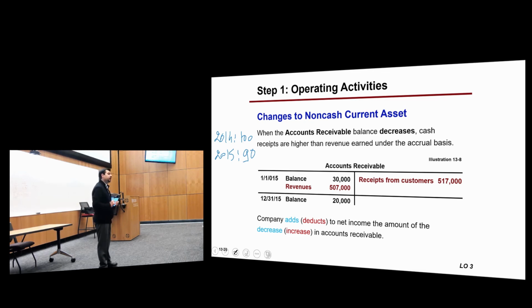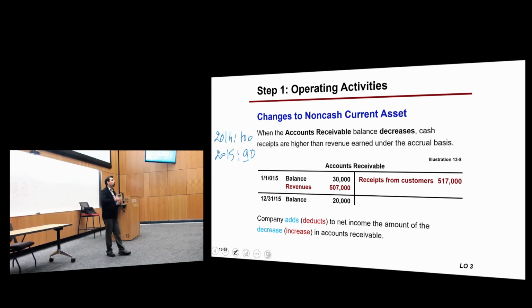Which means the company received more cash than they actually recognized as revenue. They received all the cash from this year plus 10,000 from previous years, from debts that customers owed them in the past.